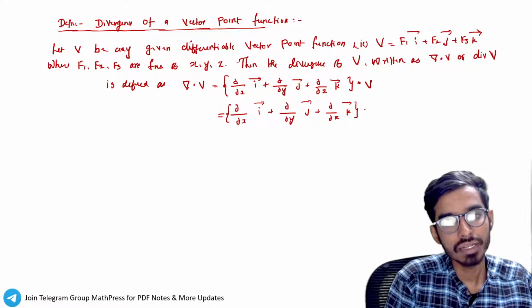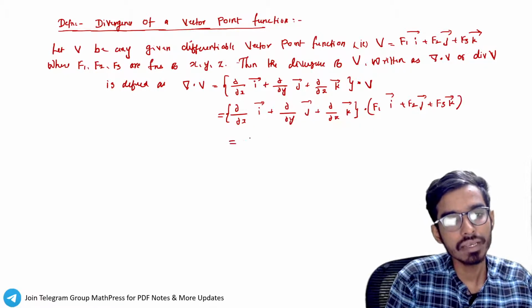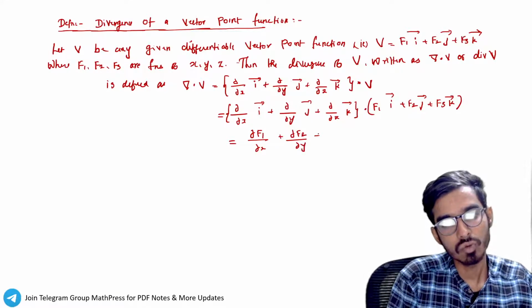Now we know v is a vector point function, f1 i vector plus f2 j vector plus f3 k vector. Taking the dot product, this will be dou f1 by dou x plus dou f2 by dou y plus dou f3 by dou z.